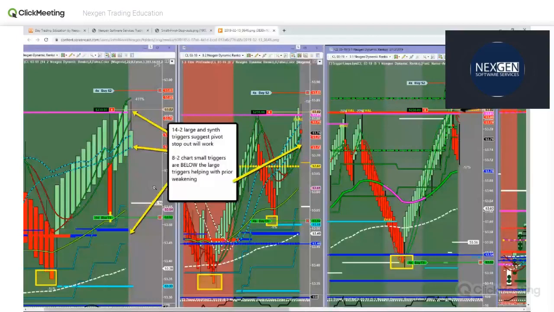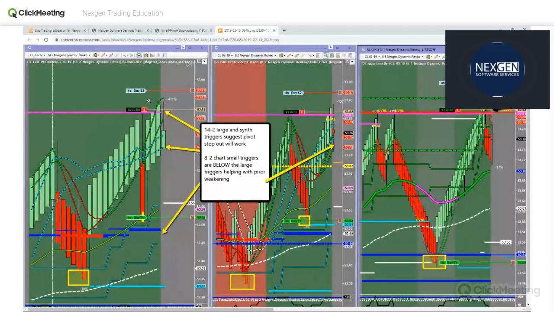Look here. This is just from the trading plan. This is a pivot stop out on the big chart. And the synthetic triggers suggest the pivot stop out's going to work because they're far away. You see that? The farther away the synthetic triggers are on the big chart, the more likely that pivot stop out is to work almost every time.